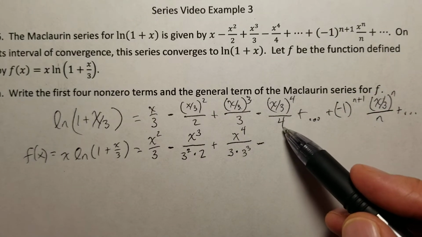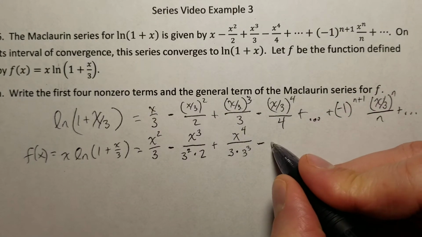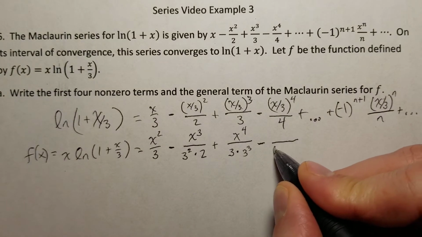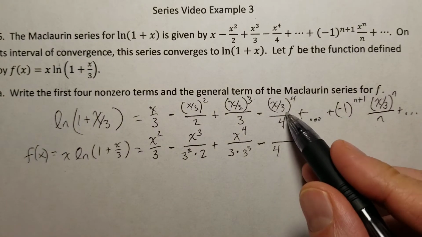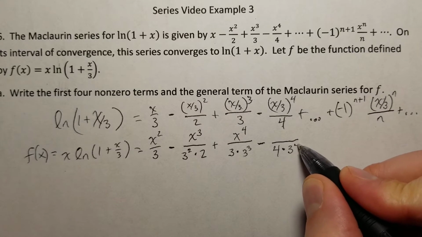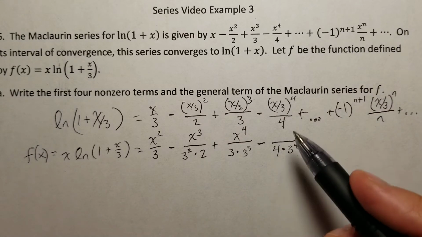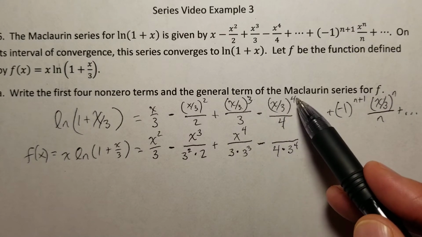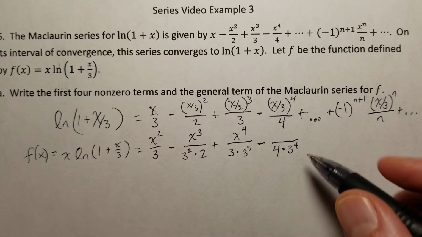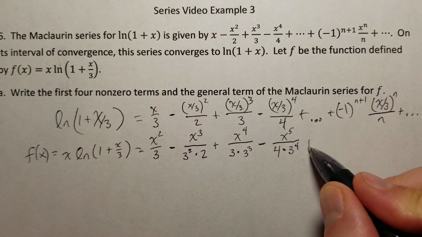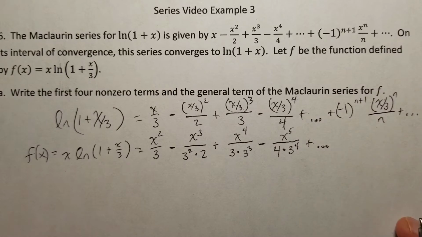Again, I'm going to manipulate my denominator first. I'll end up with 4 from the denominator times 3 to the 4th. X to the 4th power times the x becomes x to the 5th. Plus dot, dot, dot.